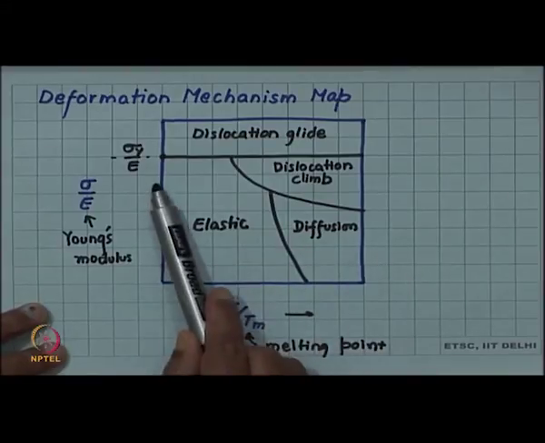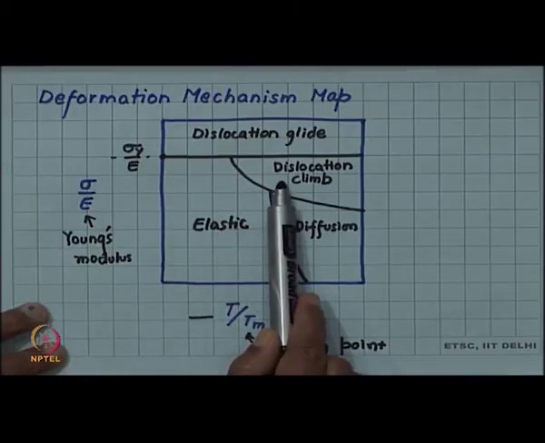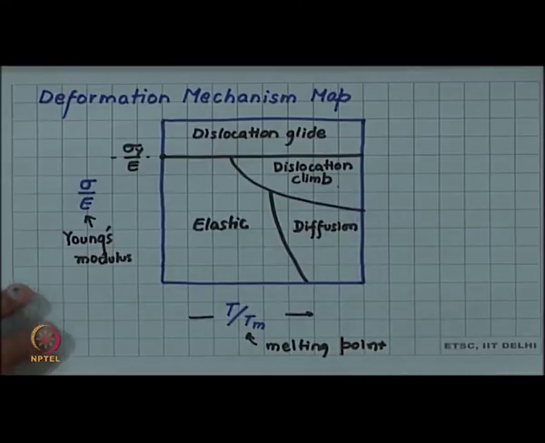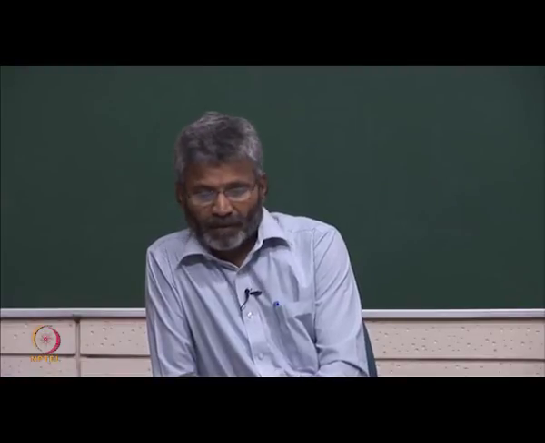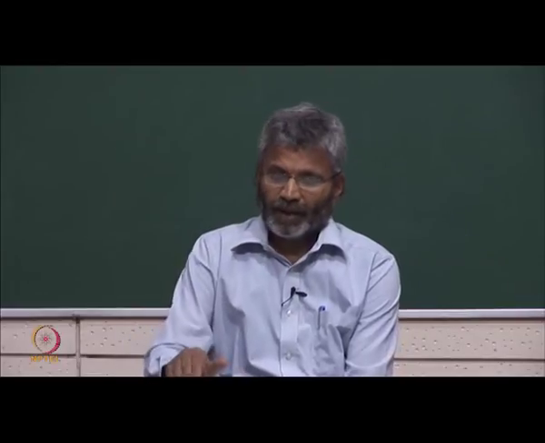If the stress is high, then you can go into the dislocation climb mode also. So, this regime, the dislocation climb and diffusion regime, is the creep regime, and the glide regime is the normal plastic deformation, and the rest is elastic deformation. So, this kind of deformation mechanism map can help in understanding the various mechanisms of plastic deformation as a function of stress and temperature.